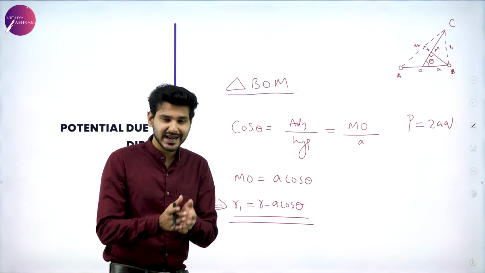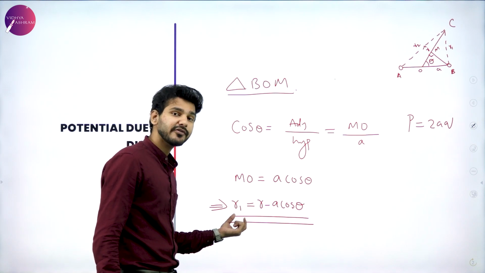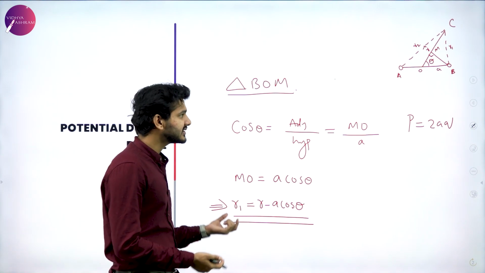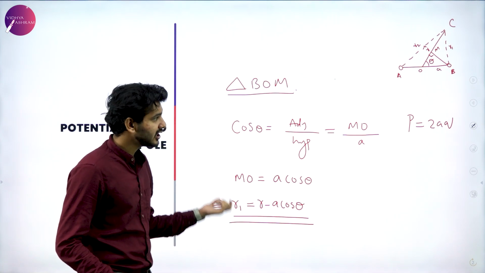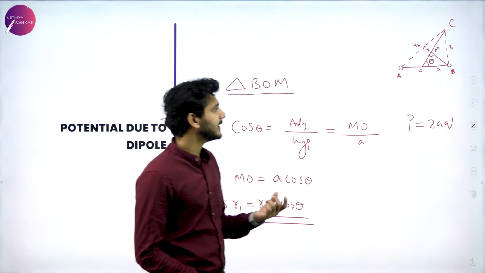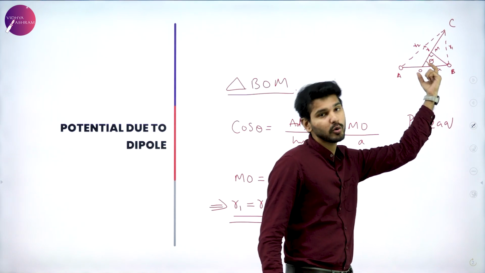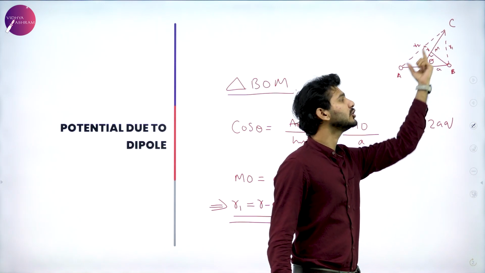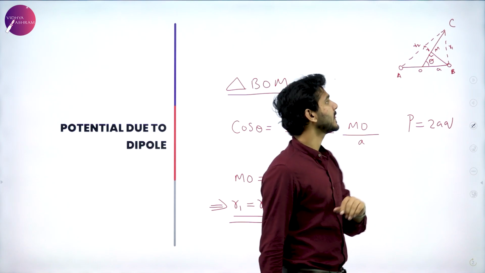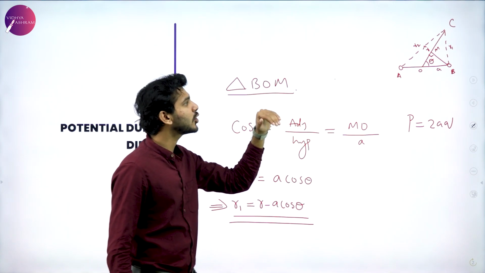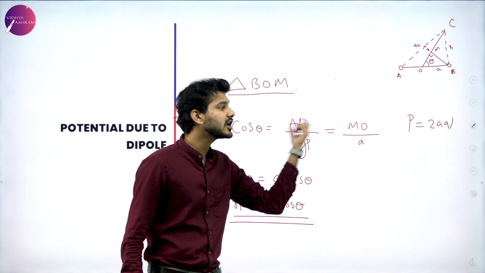Let me just summarize that and explain it to you real quickly. It's a bit mathematical. The reason why we did all this is to find out what R1 actually was. In order to find R1, we could find out the distance OM or MO and subtract that from the original distance R. We found out OM using the Pythagorean theorem, and we found out that it was A cos theta.